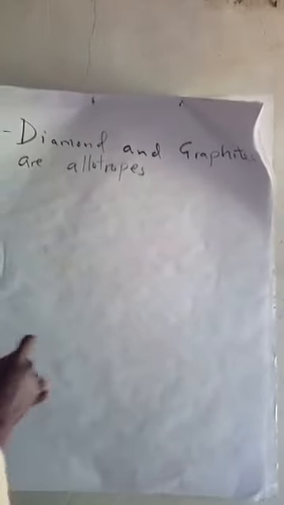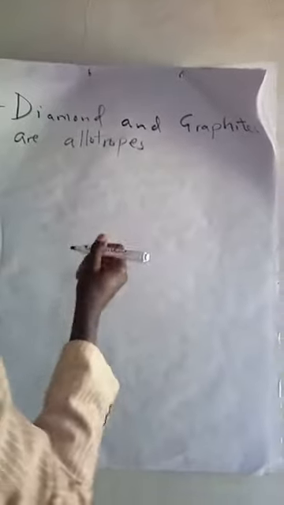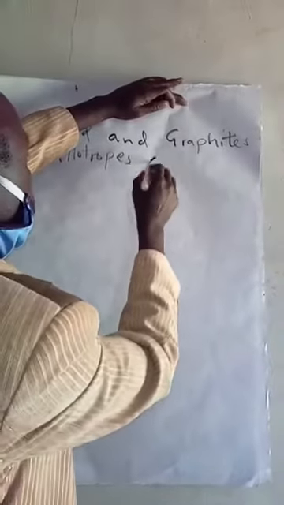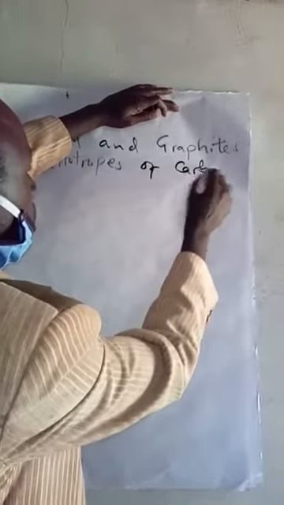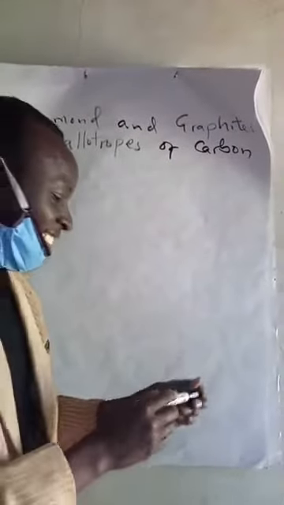So diamond and graphite we say are allotropes of carbon. Thank you, my producer. So they are allotropes of carbon.